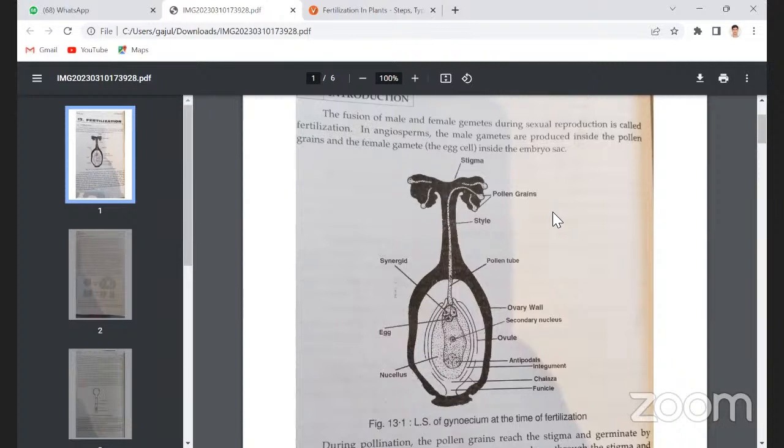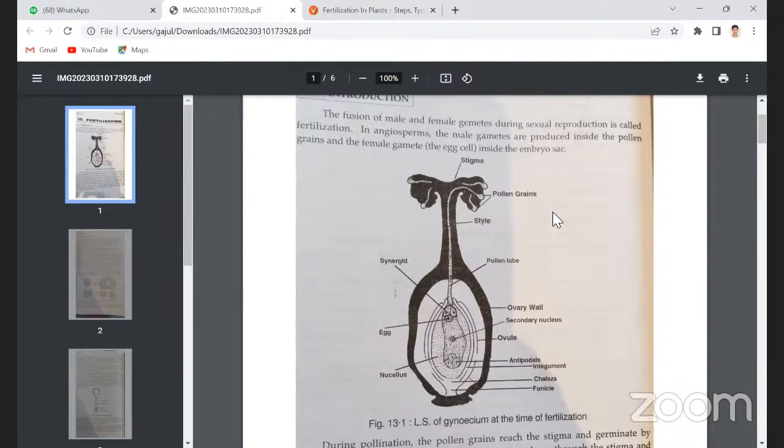So here the two types of stigmas are there. Some stigmas secrete exudates and are called wet stigmas, and some stigmas do not secrete any exudates. They are called dry stigmas.